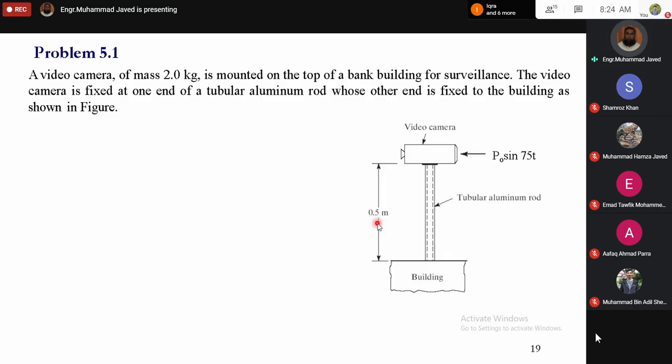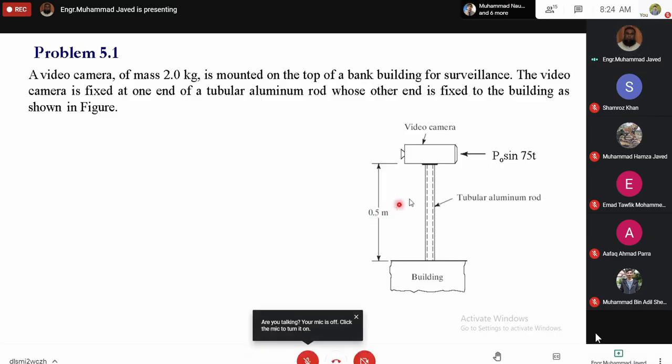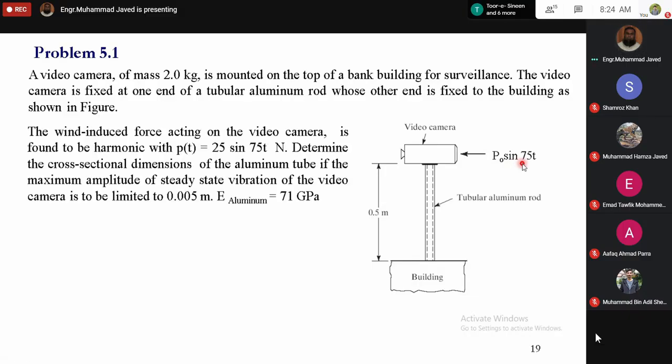The height of the tube is 0.5 meter and it is subjected to a wind which varies sinusoidally and can be represented by the equation P naught sine omega t. The wind-induced force acting on the video camera is represented by P of t equal to 25 sine 75 t, where P is in Newtons.